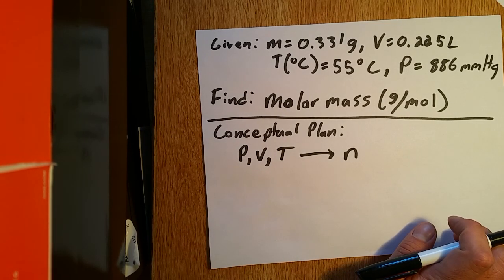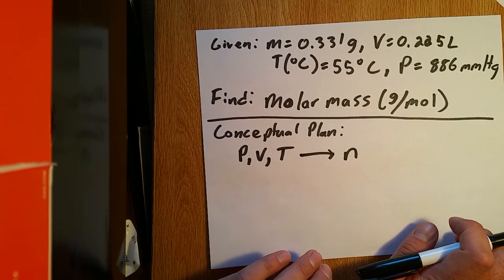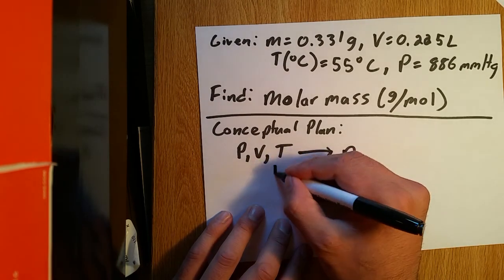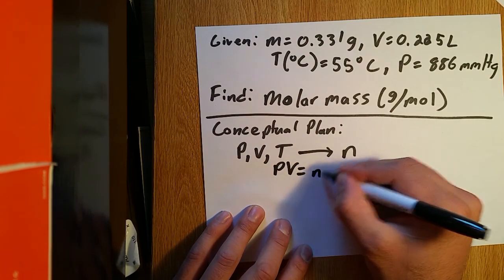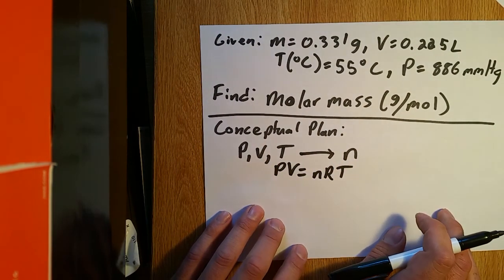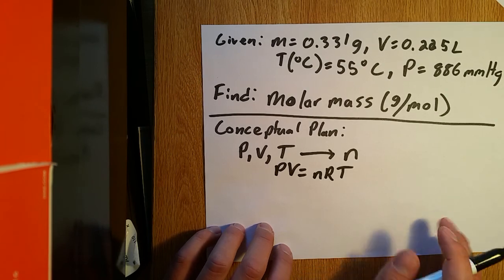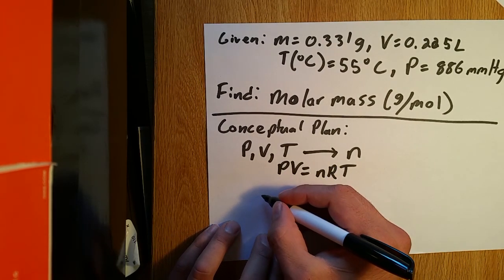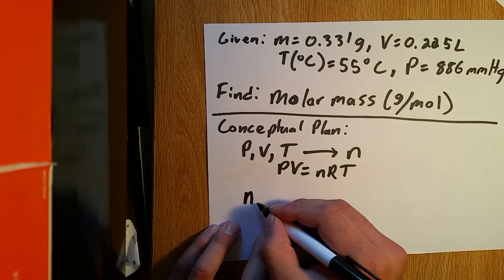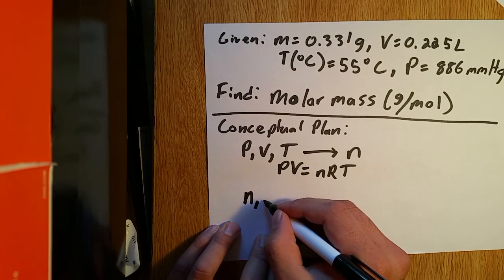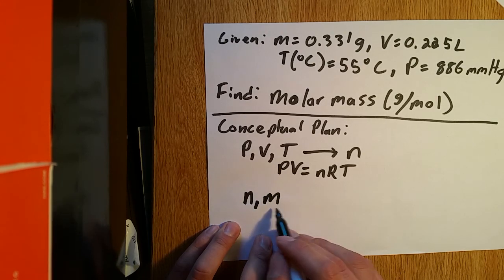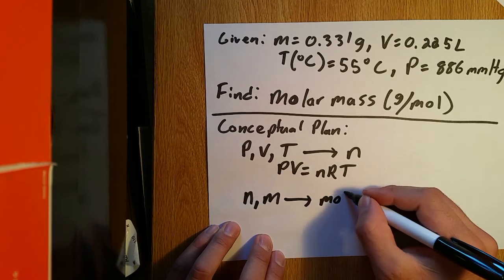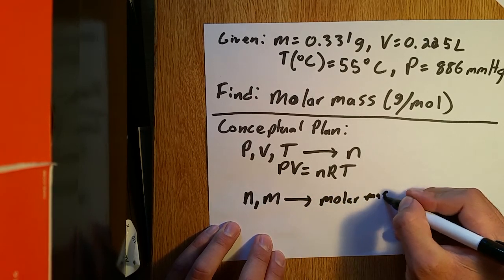We have the ideal gas law, PV equals nRT. From that, we can then convert from moles to a mass in grams, which will then give us our molar mass.